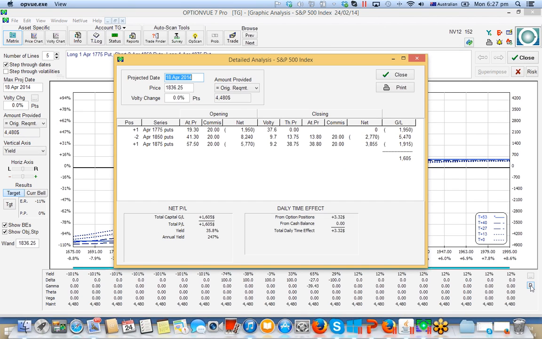But you can also do very precise calculation in terms of projected date, price movement, and volatility. And it gives you not only the price per leg at this point in time, the fair price, but what is important and what is not available through many retail platforms, it will give you the expected theoretical price of each leg, right?